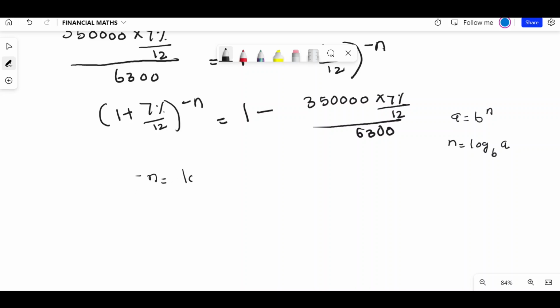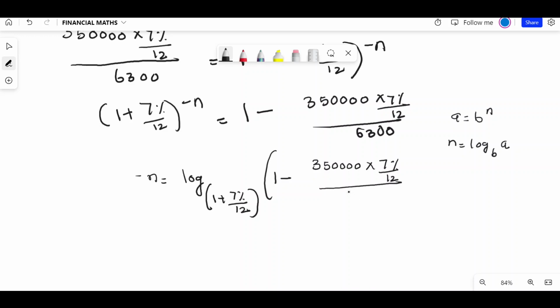Negative n equals log, the base is 1 plus 7% over 12, of 1 minus. It's better you leave everything like this so that you don't worry about the rounding off. Over 12, the whole divided by 6,300. You must write correctly and enter in the calculator correctly.